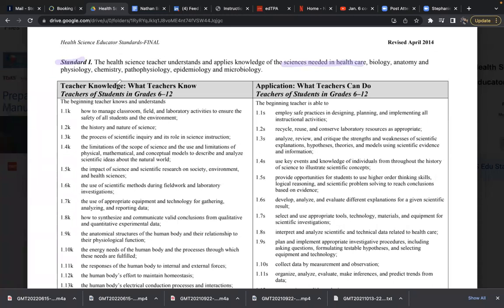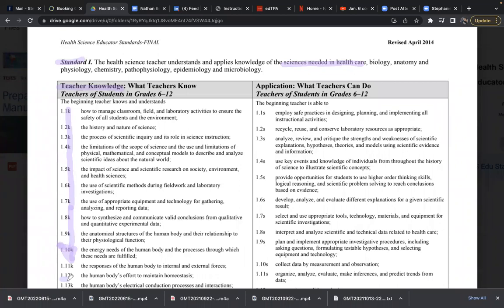On the left-hand side, everything listed is what you need to know as far as knowledge. Reading, memorization, like knowing the way that plants grow, the different structures of the human body, different systems, the body's effort to maintain homeostasis, what that means, how it happens, what happens when it's out of homeostasis.